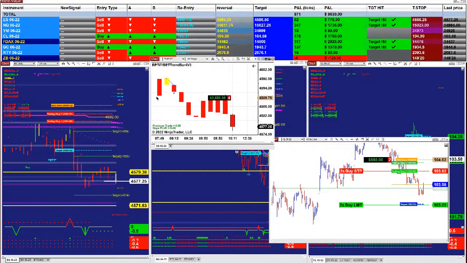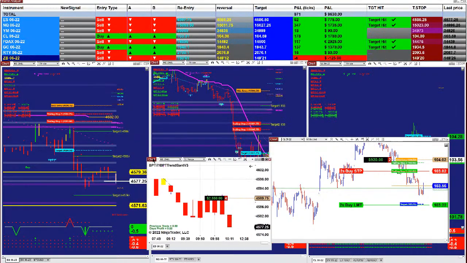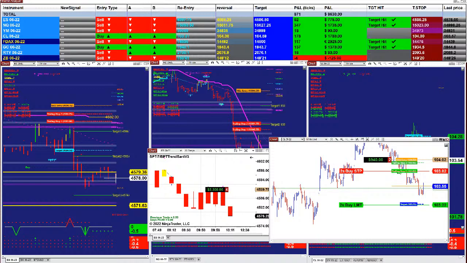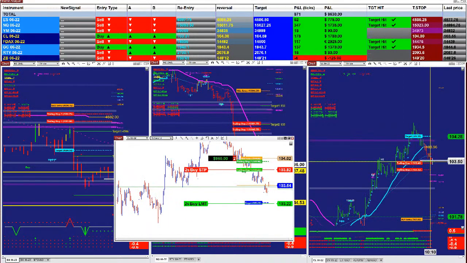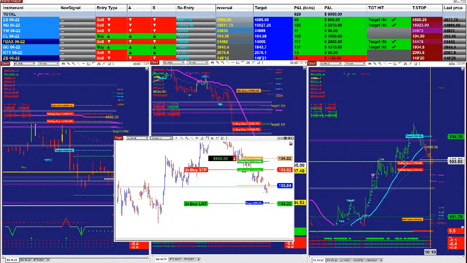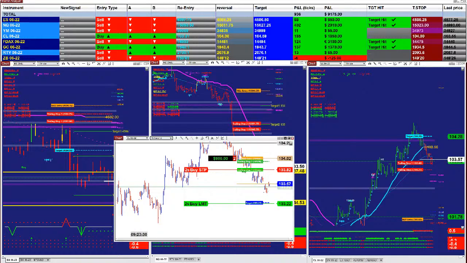So if we look, this is a swing trading, and I'm concerned about the CL to break that line 103.50. If we break it, we're going straight to the 102.